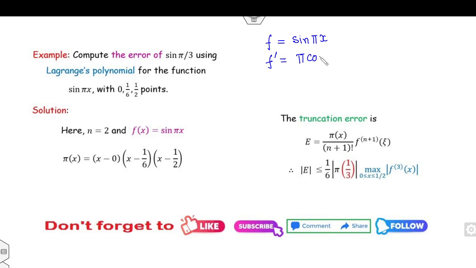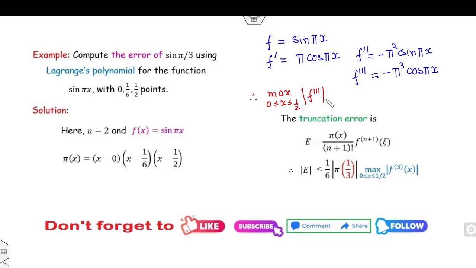The first derivative is pi cos pi x. Second derivative is minus pi square sine of pi x, and the third derivative is minus pi cube cos of pi x. Therefore, can you find the maximum value over 0 less than x of the absolute value of the third derivative?